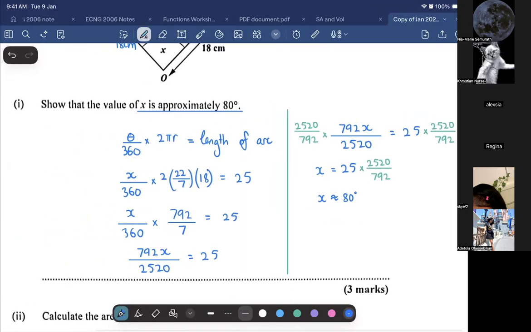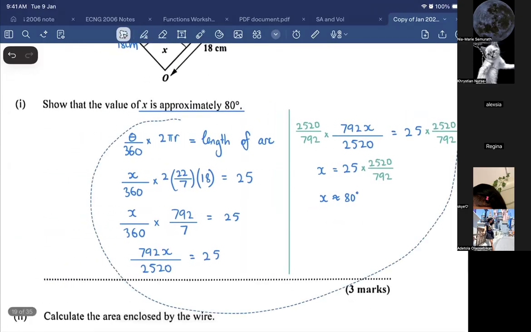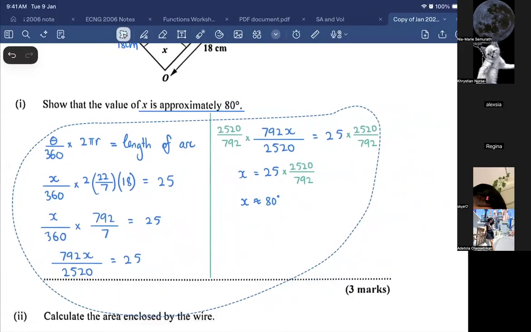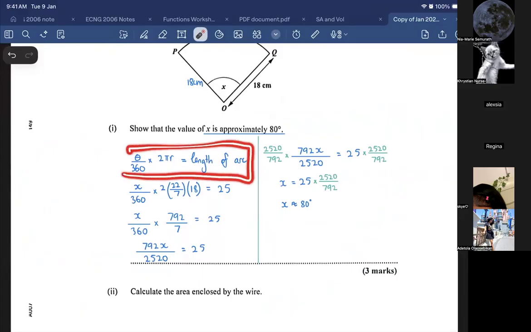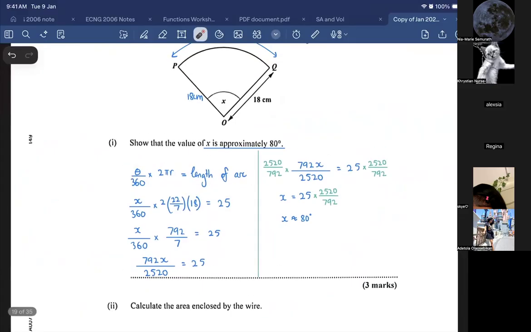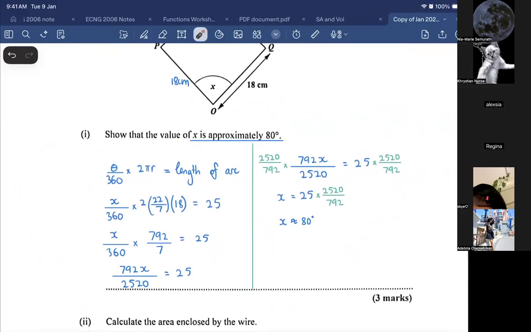It's a tricky question, but if you know the formula for the length of an arc, you should be fine. What would give you trouble though is the fractions. I get that the fractions are a bit cumbersome to work with.